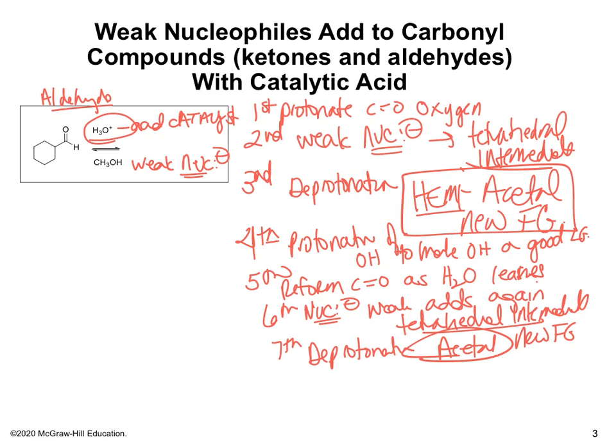Okay, so you can get this information down here. So the first step, we're going to protonate the carbonyl. You need to be able to show curved arrows to show these mechanisms.